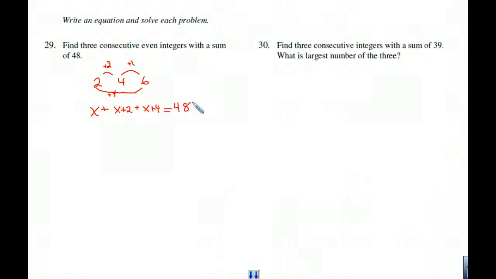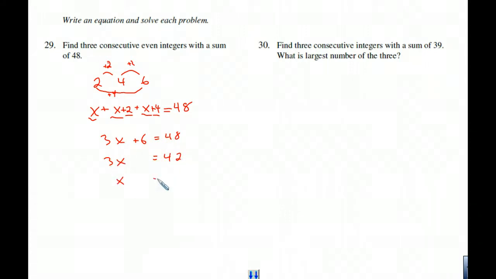it will equal 48. Okay. And to solve this, we'll have 1x, 2x, 3x, plus 2 plus 4, which is plus 6, equals 48. Subtract 6 on both sides, so 3x is going to be equal to 42.